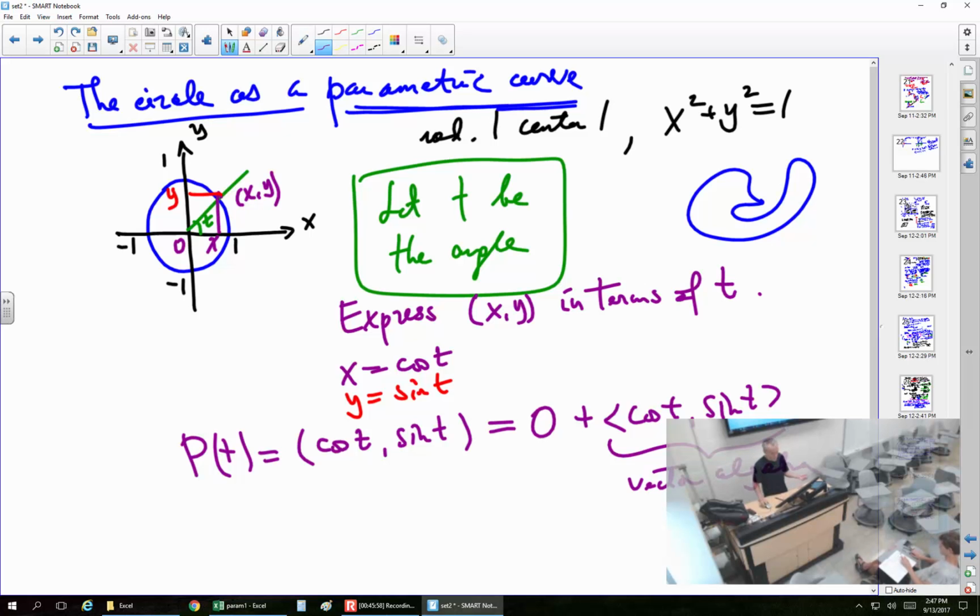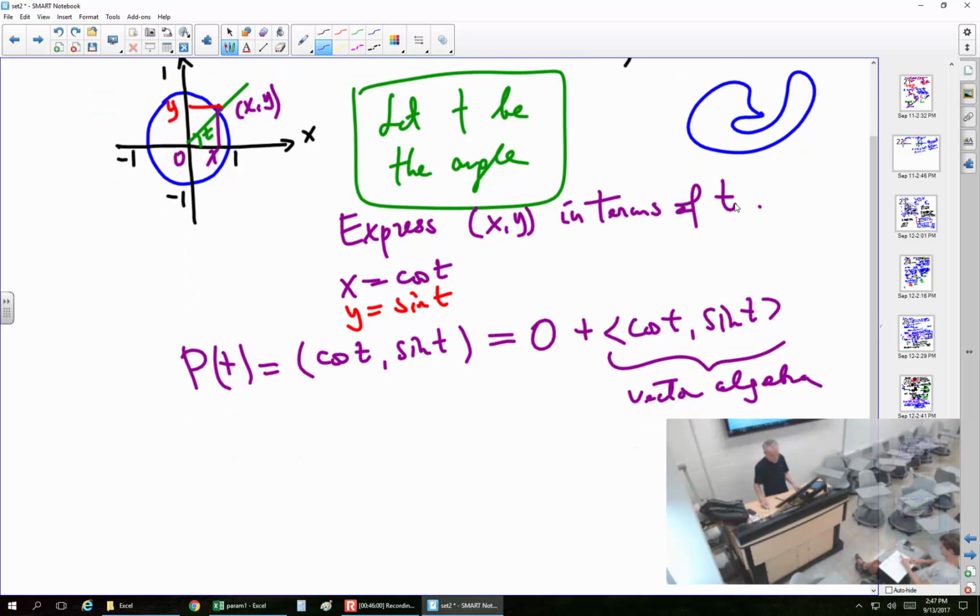The vector algebra has two operations, scalar multiplication and addition. Let's do scalar multiplication first. What happens if I multiply by 2? So I have P of t equal to 0 plus that vector multiplied by 2.